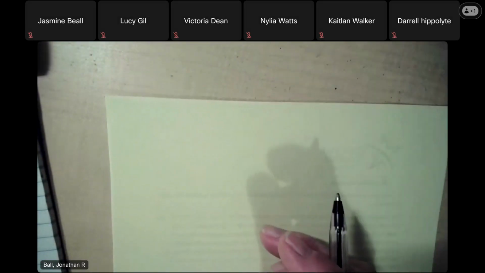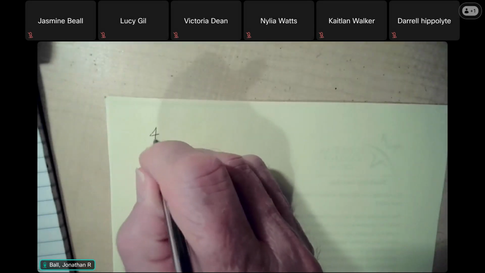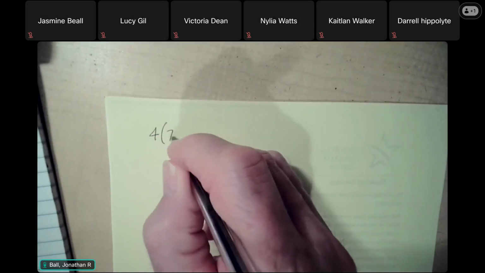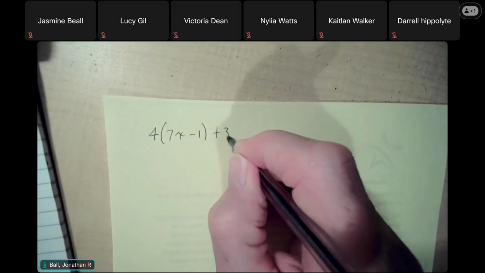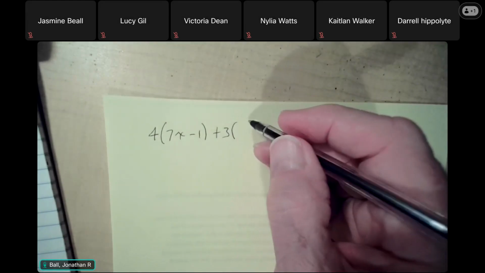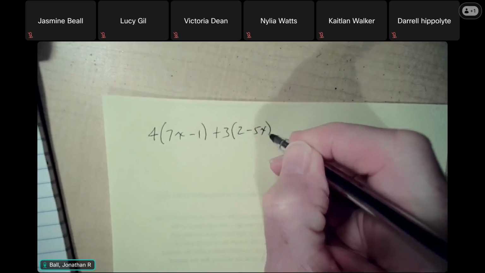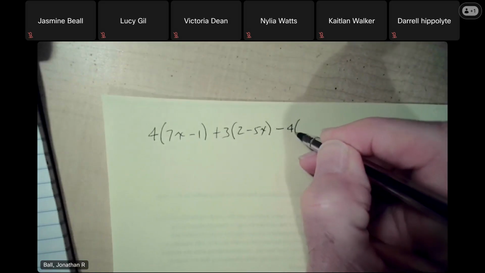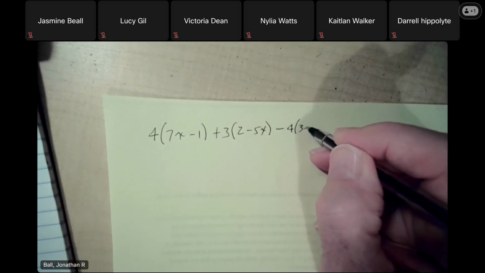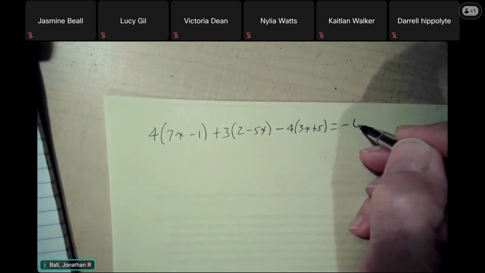Okay. Now this is about as difficult as these problems get, and it's really not all that difficult. 4 open, 7x minus 1 closed, plus 3 open, 2 minus 5x, minus 4 open, 3x plus 5 closed, equals -6.